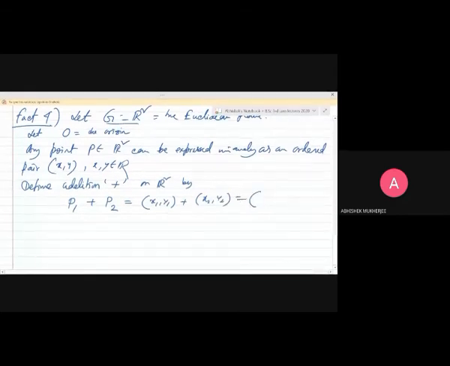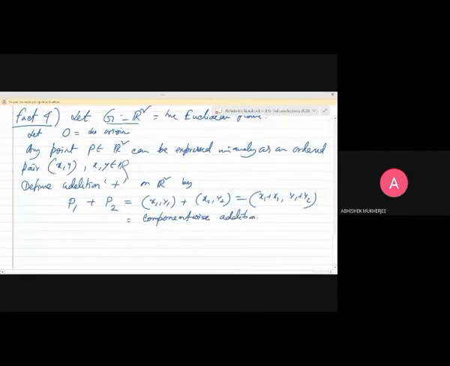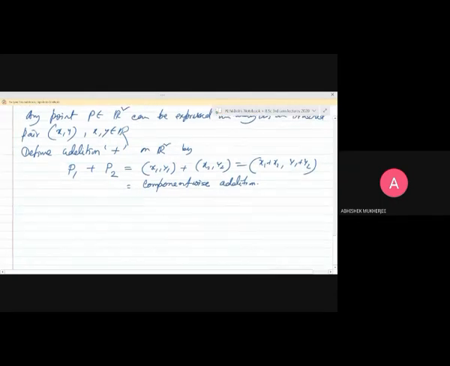Then the new point P1 plus P2 will have the coordinates (x1 plus x2, y1 plus y2). Just take addition component wise. This addition will be named component wise addition. Okay, and you can check that with respect to this addition, R2 forms an abelian group.